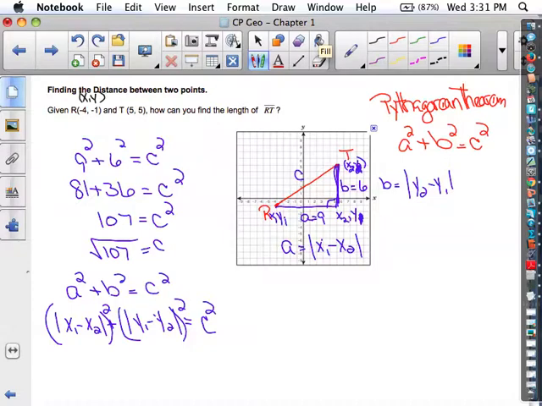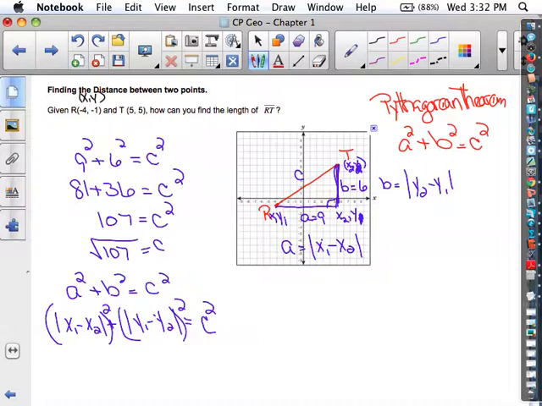Now if you think about it, an absolute value makes a number positive. Squaring a number, multiplying a negative number by a negative number, would make it positive. So do you need to have both of those written down, or does that seem a little redundant? We don't need both of them.